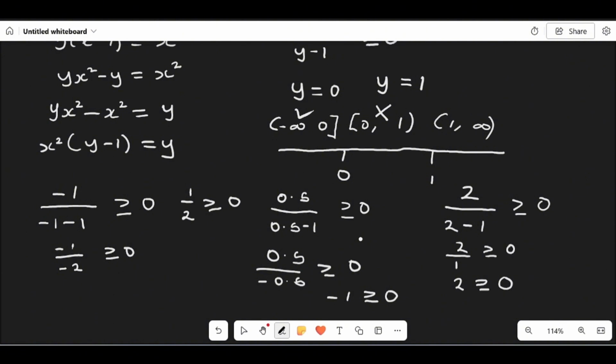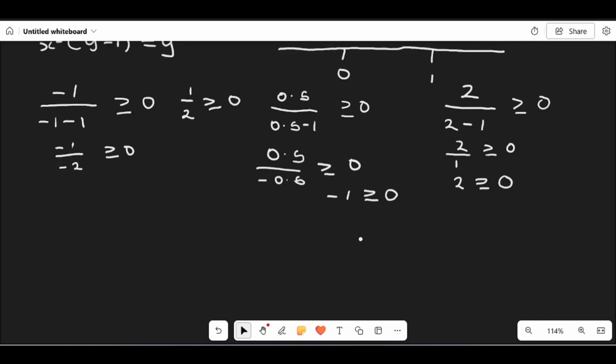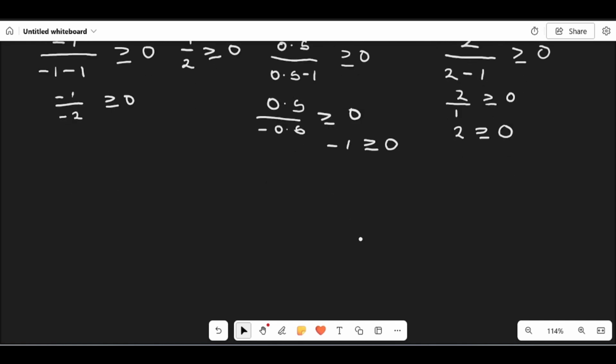This is true, so this interval is also part of our range. So our range will be negative infinity to 0, union 1 to infinity. That is our range.